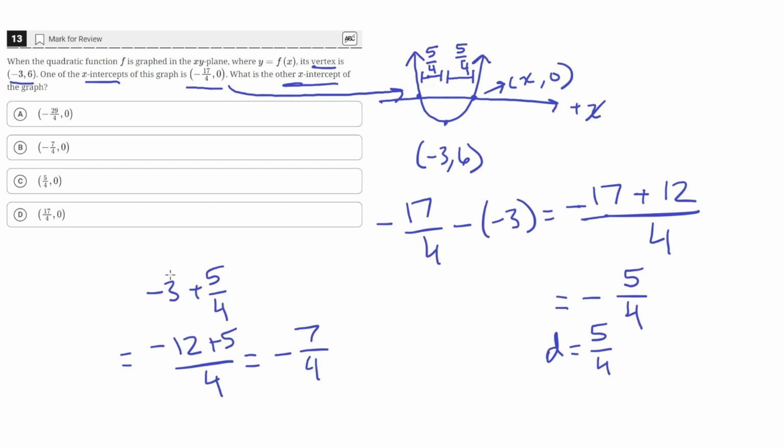I just turned this negative 3 into negative 12 over 4, and that allows us to add these two terms together, since now they have a common denominator. So the value of x at the x-intercept is going to be negative 7 over 4, and the y value will just be 0 since it's an x-intercept. So that's answer choice B.